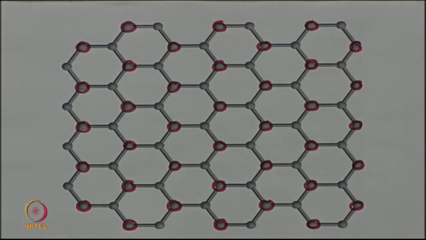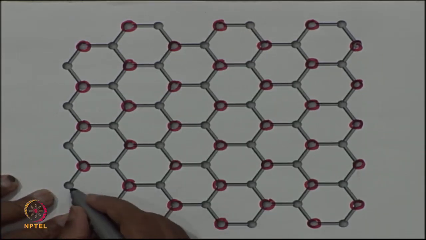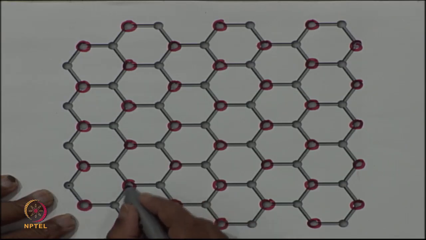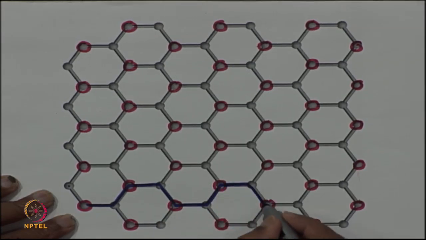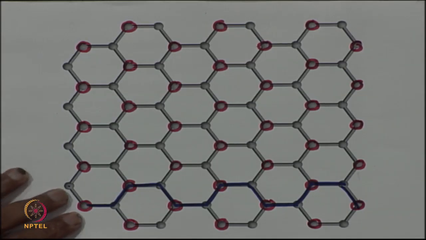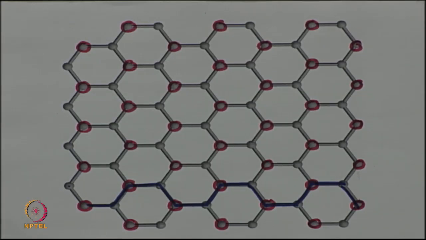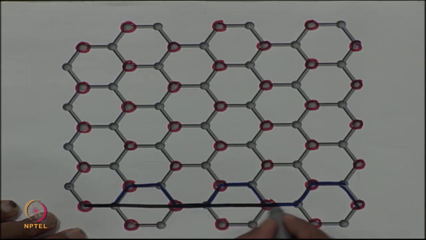So, remember that armchair along its edge had something like this. Which means that the lattice vector or the chiral vector for the armchair tube will be something like this, what I have shown in black here.